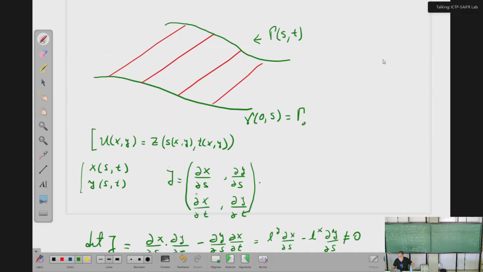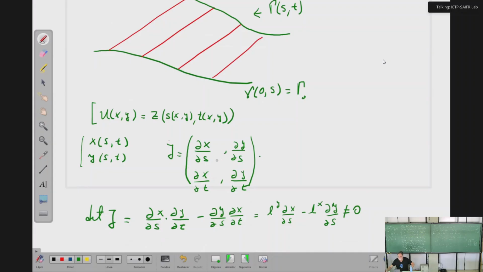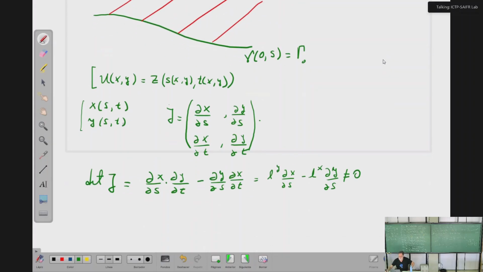And for that, what I need is the Jacobian to be invertible, to have an inverse, right? And the Jacobian of this transformation are the derivatives of x with respect to s, y with respect to s, x with respect to t. So to have it invertible, what I need is that the determinant of this matrix is different from 0.